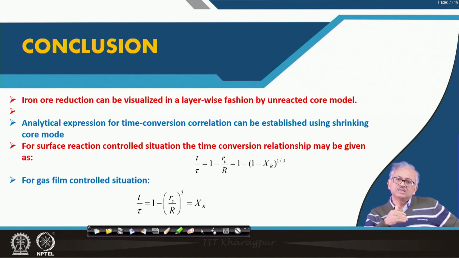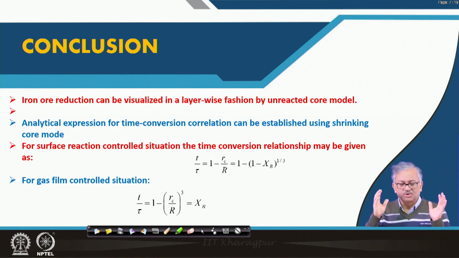So gaseous reduction can take place, and then iron can diffuse towards the core and subsequently reduce hematite to magnetite or magnetite to wustite. Whatever way you think about it, finally it remains a shrinking core model.